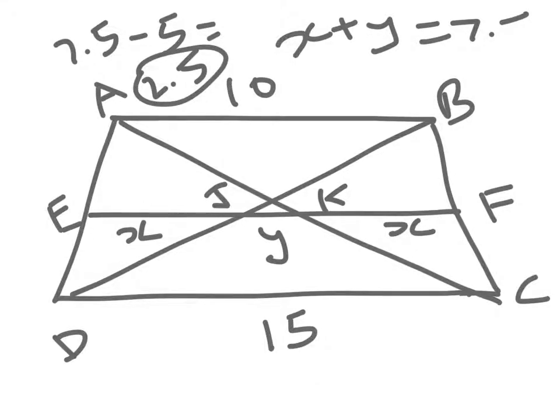Therefore, the length of X is 5, and the length of Y is 2.5. 5 plus 2.5 is 7.5, and that is the length of mid-segment EK, and that is half of DC, which shows the application of the midline theorem to an example problem.